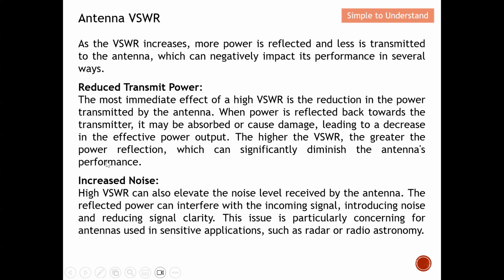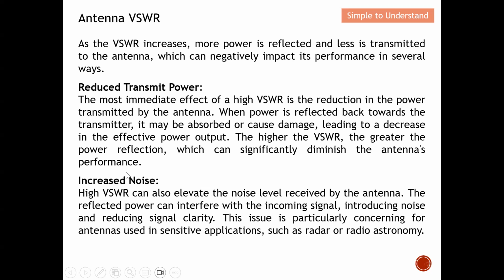In short, if the VSWR is so high, it is not possible for the antenna to radiate out any power. So in order for the antenna to work at the desired frequency, we need to ensure that the VSWR is as close as possible to 1, but not smaller than 1.